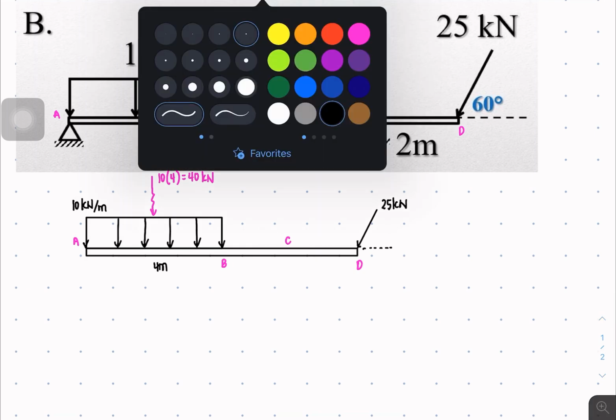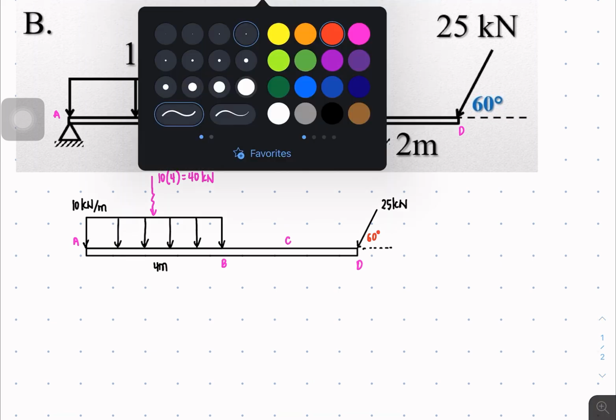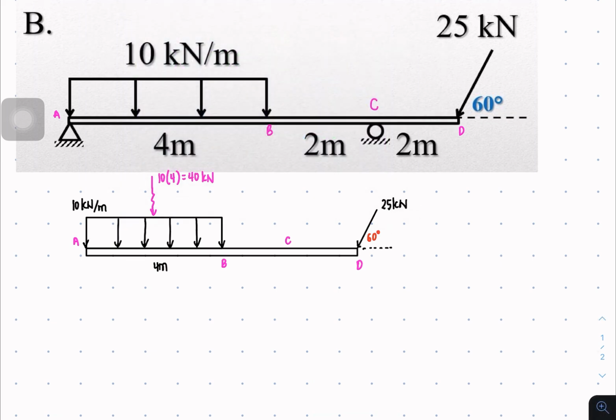So we're gonna get the components also. So this is the component on the vertical side. It's 25 sine of 60, since we're using this angle, so that component is opposite of the angle. And this one here is 25 cosine 60. Okay, and we're through with getting the resultant and components.